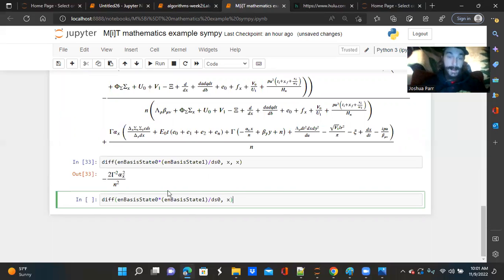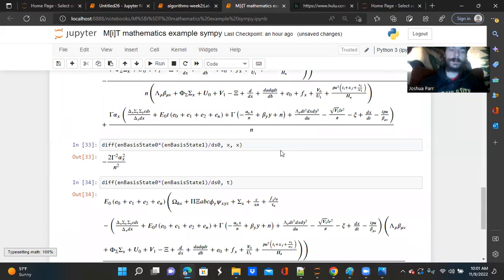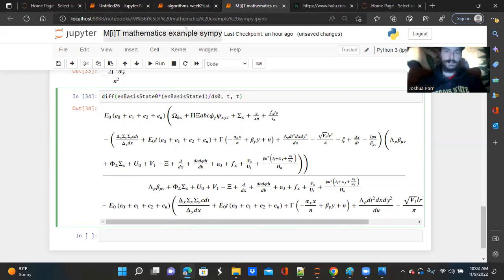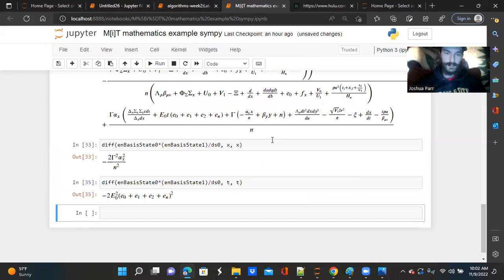What I'm going to do now is take it with time. There we go. Look at that. Isn't that just beautiful? It understands that it has to relate my energy states at the beginning out of the rest of the equation when I'm differentiating with respect to time. It's a beautiful thing. Let me do it twice. Look at that.